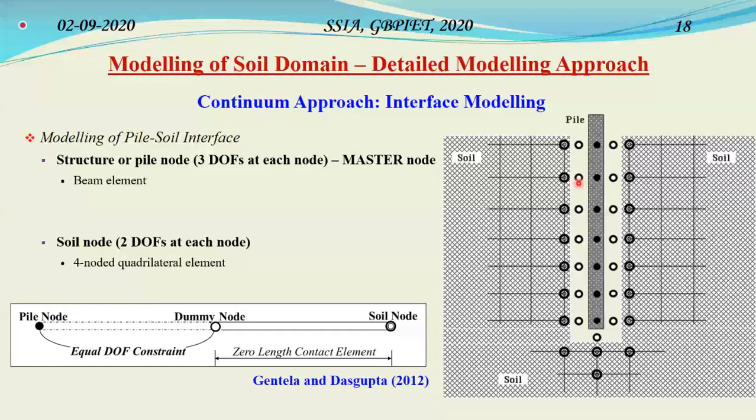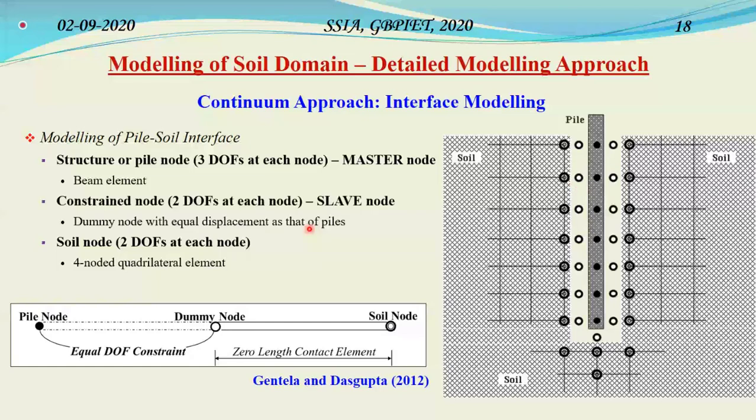So what are these dummy nodes? These are constraint nodes of 2 degrees of freedom at each node. These are called the slave nodes, with a special implementation of equal displacement as that of the pile. So this dummy node serves as the transition of response from the pile node to the soil node and vice versa.